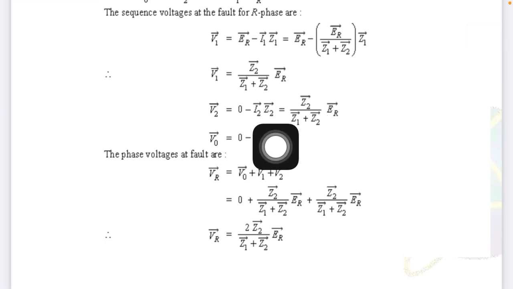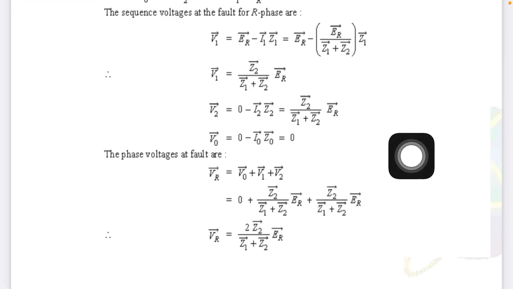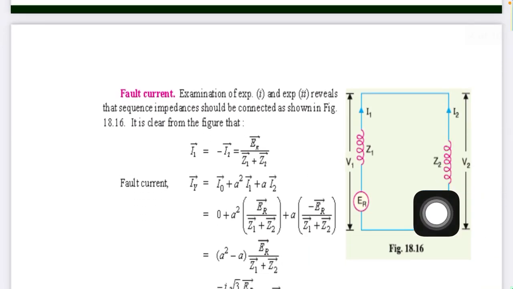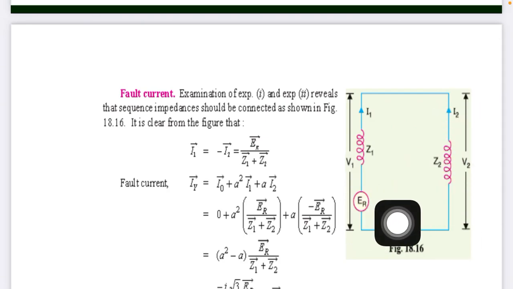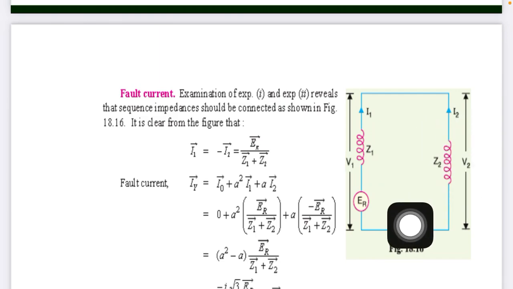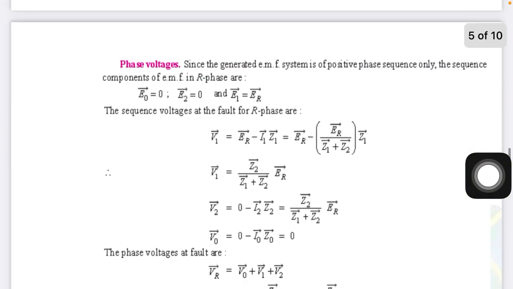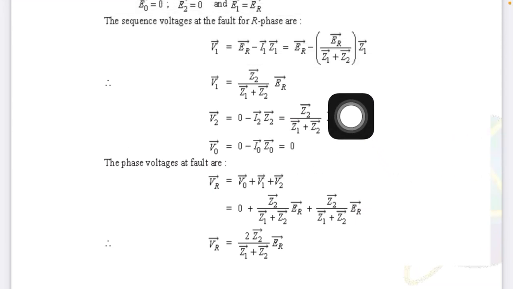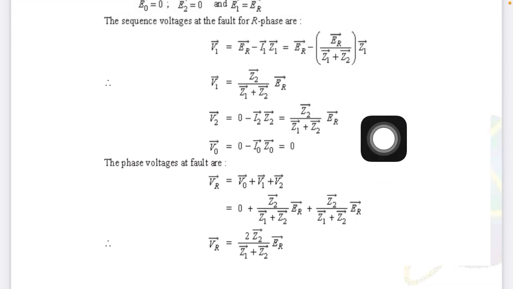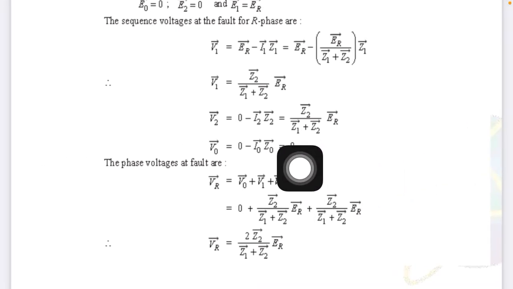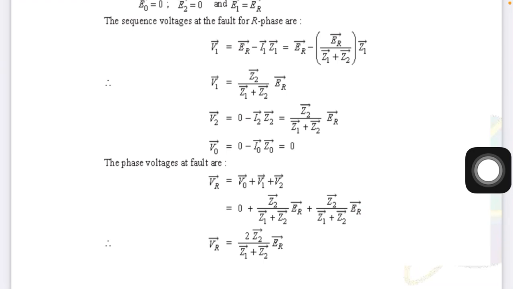V2 is equal to 0 minus, why 0? Because in this situation V2 doesn't have any source, V1 has a source, that's why we are adding ER. There is no source, so 0 minus I2 into Z2, which gives Z2 divided by Z1 plus Z2 into ER. V0 is equal to 0 minus I0 Z0 equals 0.